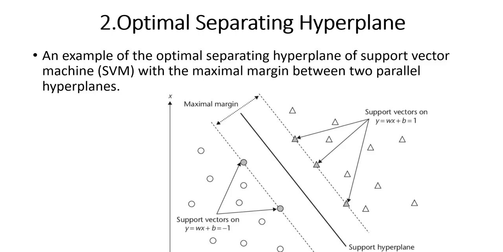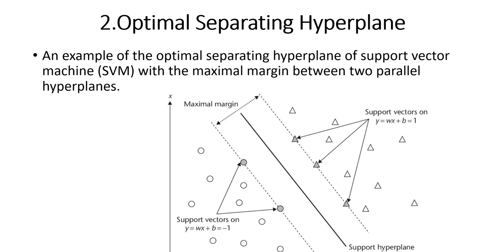And what exactly are support vectors and maximum margin? Let us understand everything step by step with a practical example. First question is, what is a separating hyperplane? Suppose we have a classification problem with two classes.